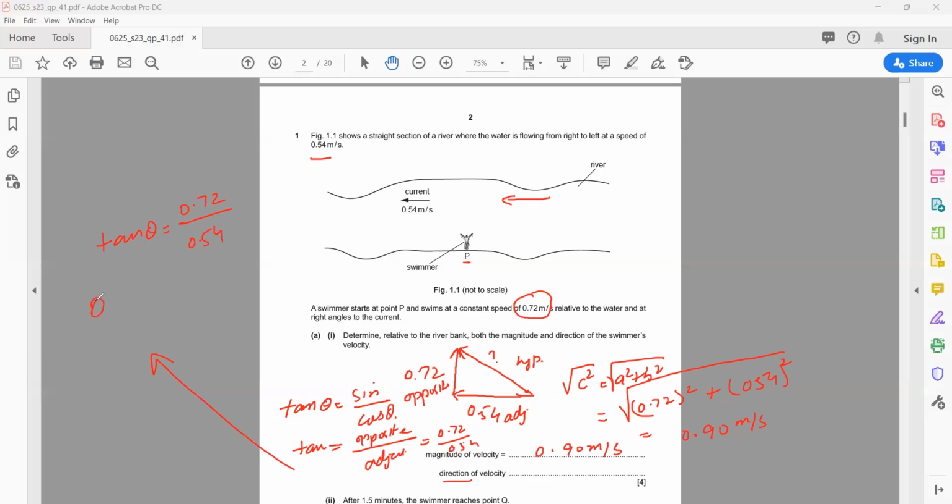But we need only theta, so it will be tan inverse of 0.72 divided by 0.54. If you do it this way, the answer you will get is theta equal to almost 53 degrees. So this is the first part, how you will do this one.